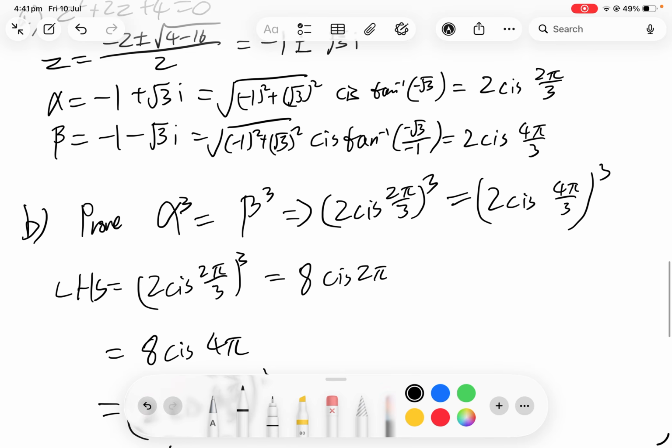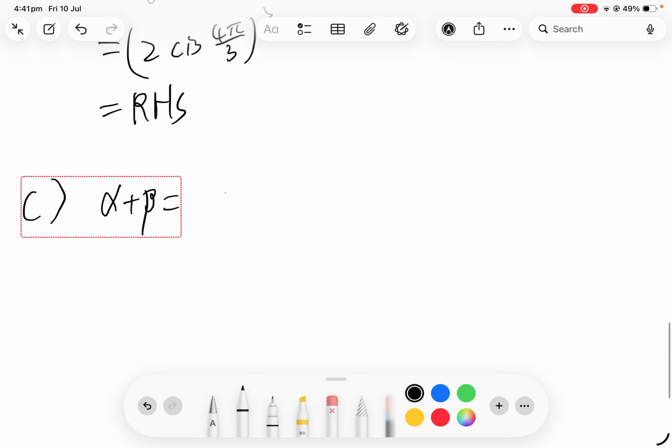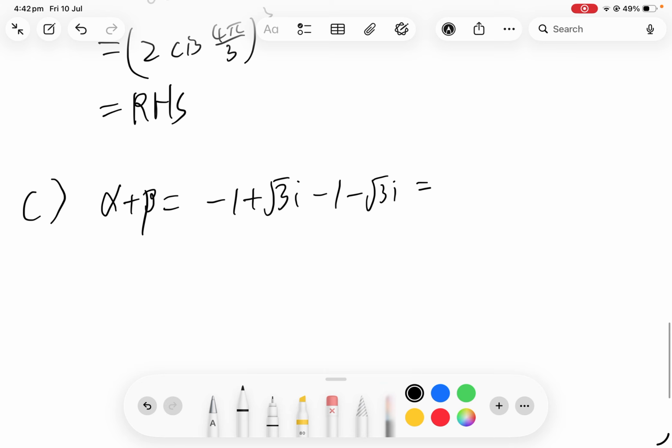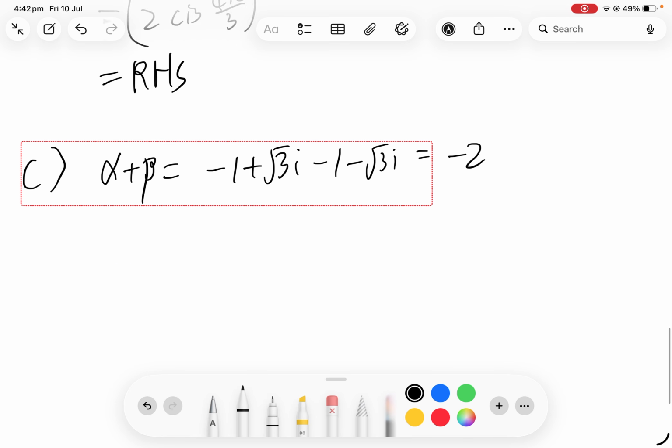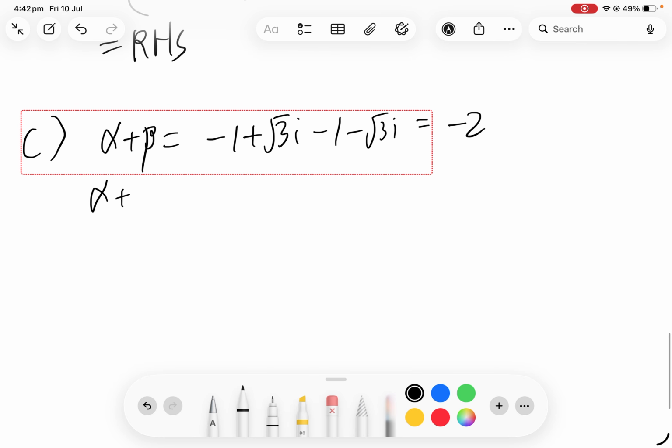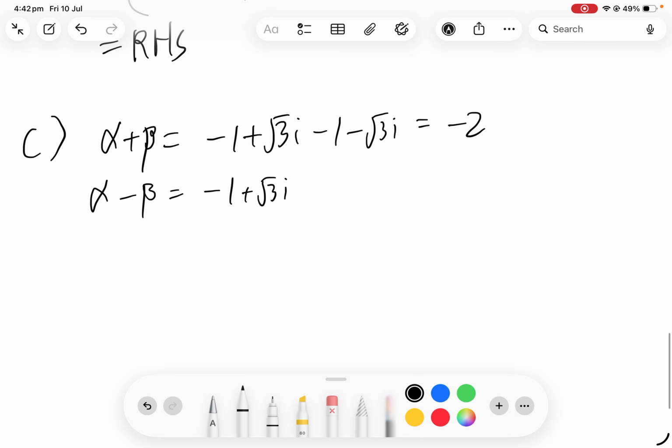Okay, -1 plus square root 3i plus, well, that's still -1, minus square root 3i. That just equals -2. And alpha take beta equals -1 plus square root 3i plus 1 plus square root 3i, which equals, well, the ones cancel out, so it's 2 square root 3i.